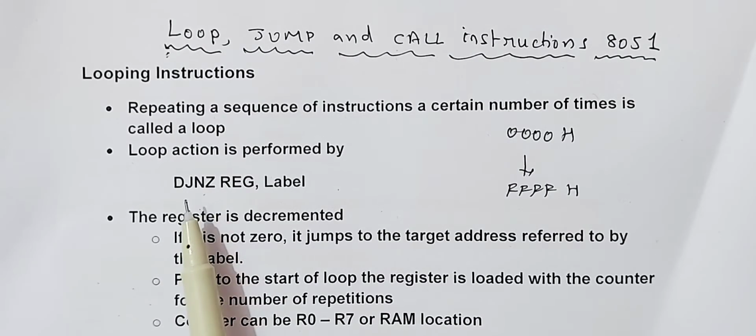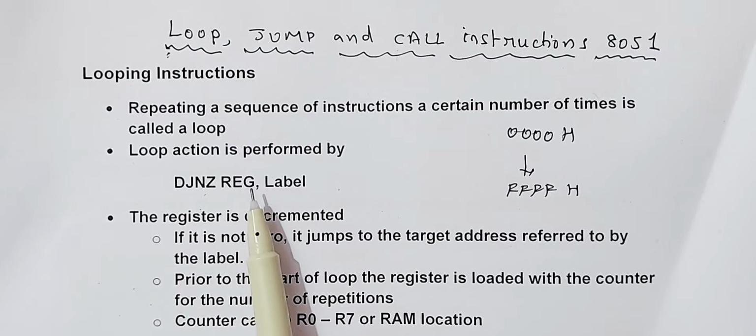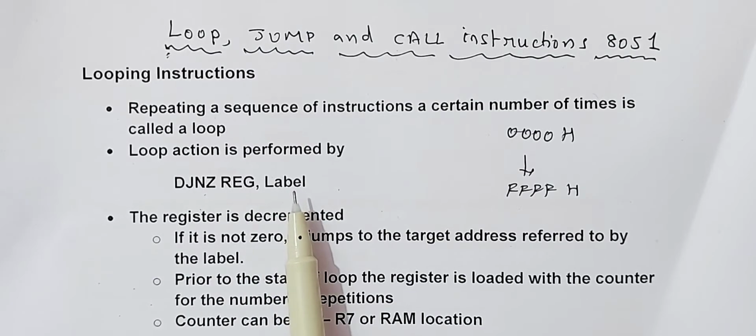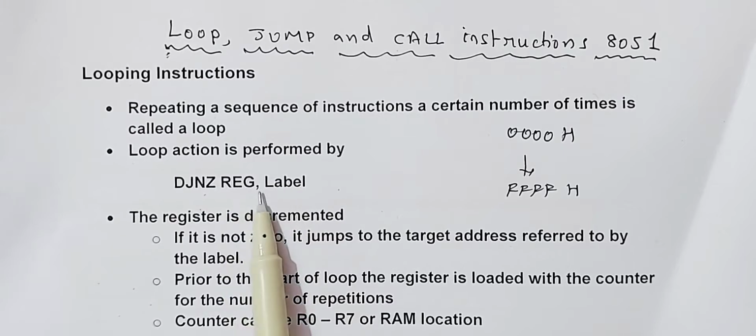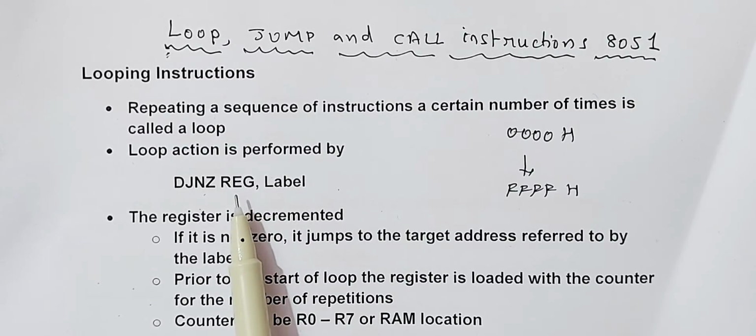DJNZ is called the operational code, and the register and label are called the operands. Here the destination is any working register, say R0, R1, etc., up to R7. You can select any of these 8 registers as the destination.